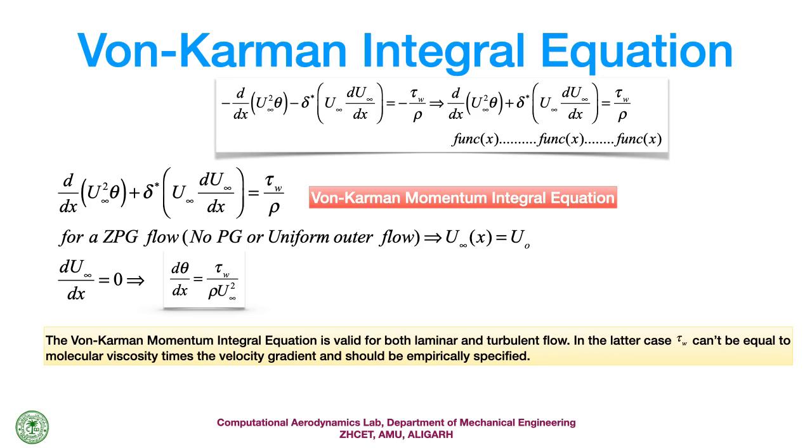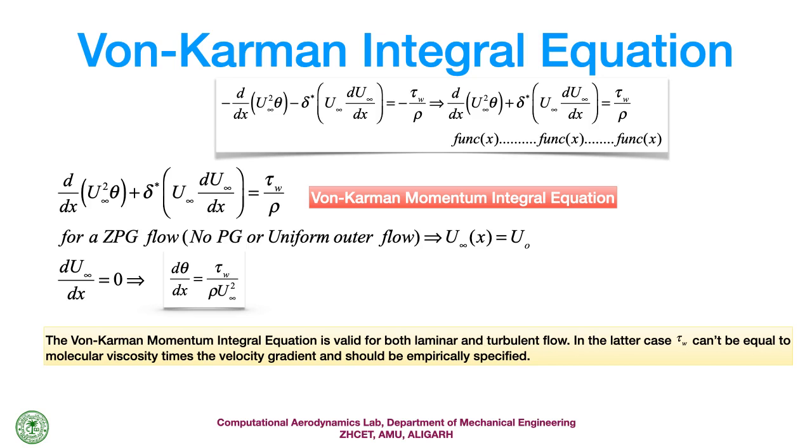There are two things which are very important to say about the von Karman momentum integral equation. We have not yet put in any assumption on whether the flow is laminar or turbulent. So this momentum integral equation is valid for both laminar and turbulent flows.